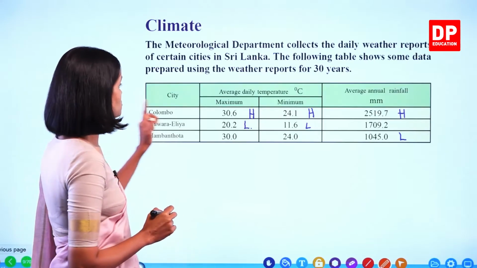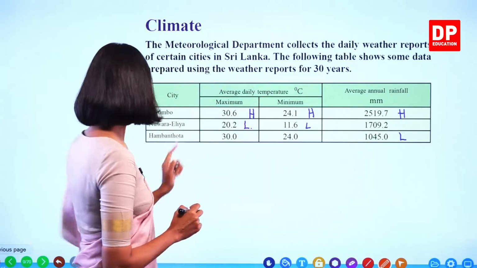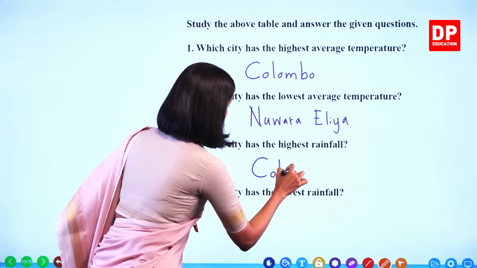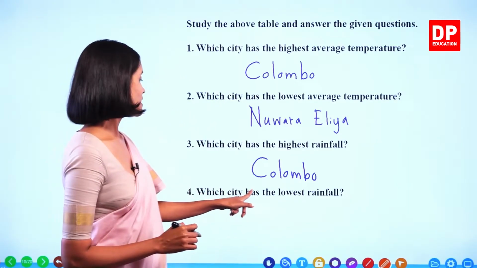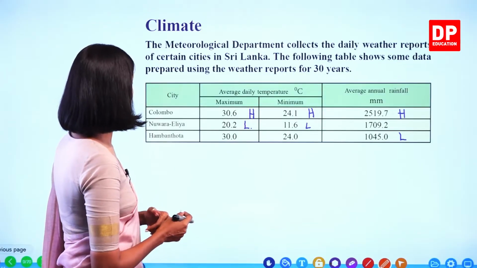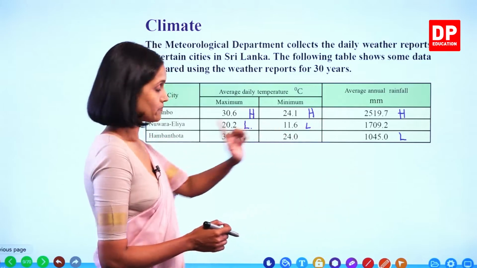Highest rainfall is also recorded in, you can see, Colombo, right? Which city has the lowest rainfall? Where can we find the lowest rainfall out of these three cities? That is Hambantota, right?